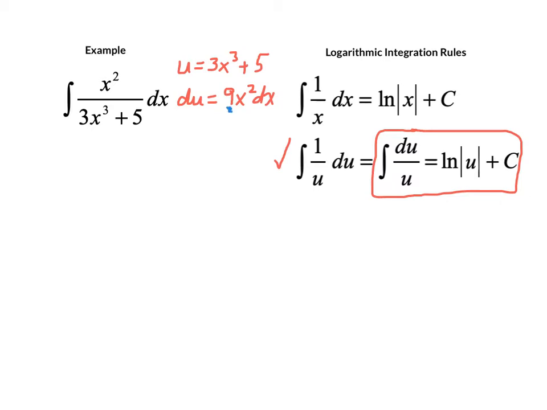So in our integral, we're going to multiply the numerator by 9, and then we balance that by multiplying by 1/9 on the outside. And we see here the classic case of the log integral. We see the derivative of the denominator in the numerator.